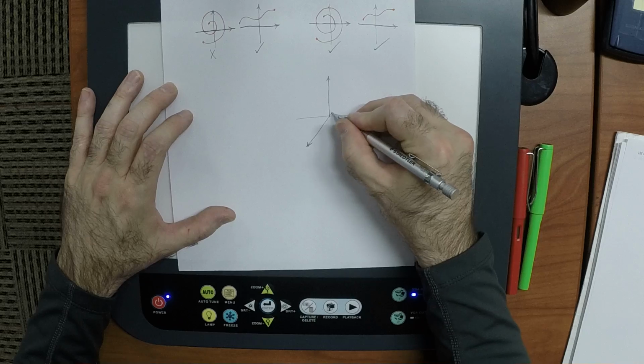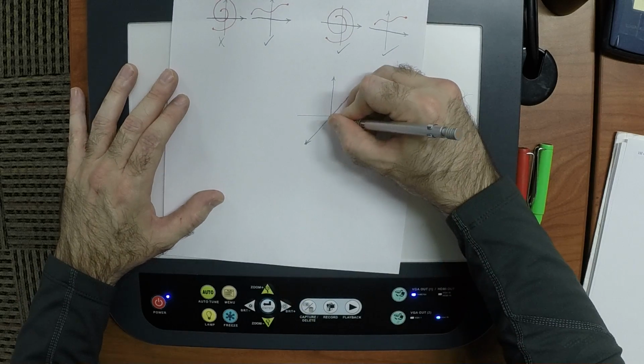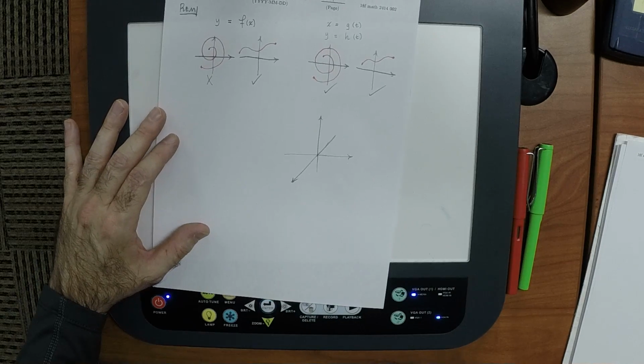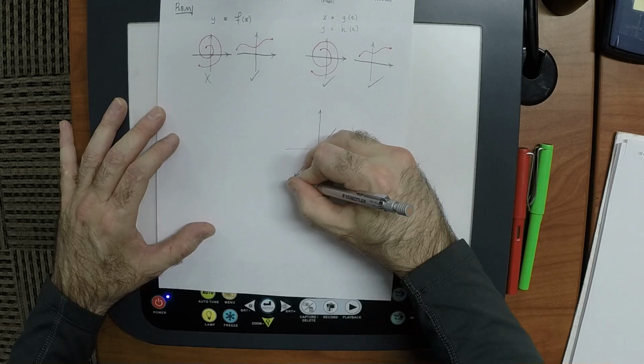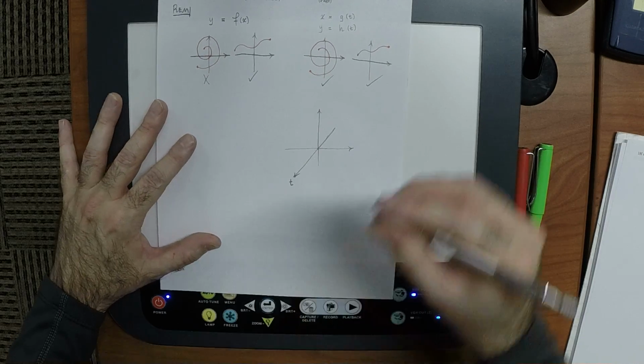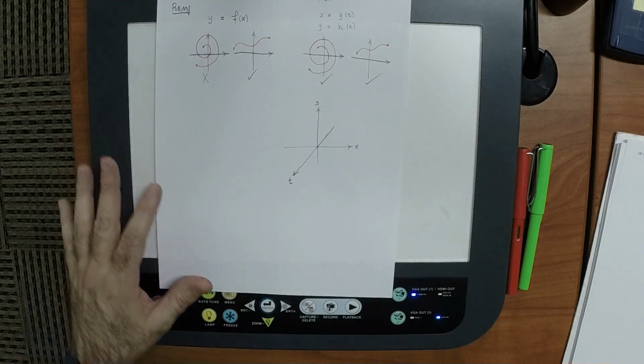So this is a three-dimensional axis. Remember, we've got the right-hand rule to consider. So I'll say that this is the t-axis. This one, the x, and this one, the y. So t is coming out of the page there.